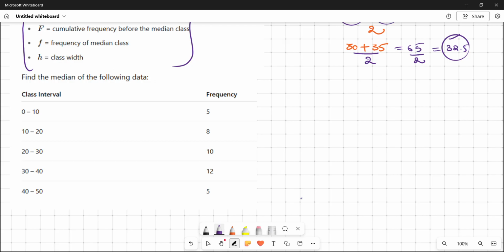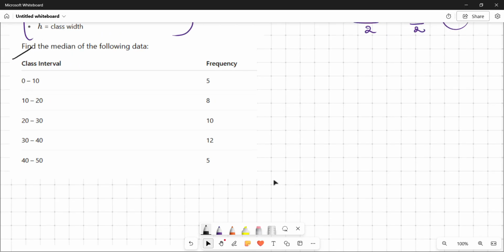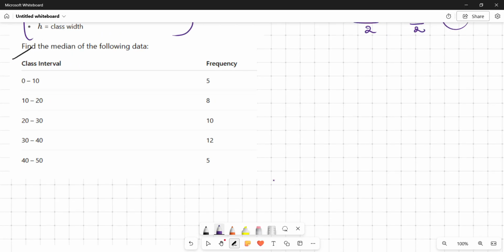Now the question is asking us to calculate the median of this data. We have to follow a procedure to calculate some terms, and then we will be able to find the median of the data.